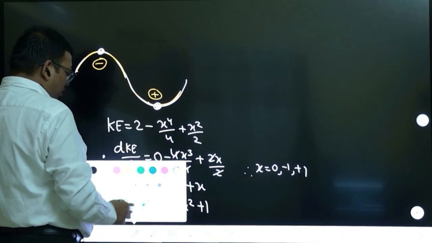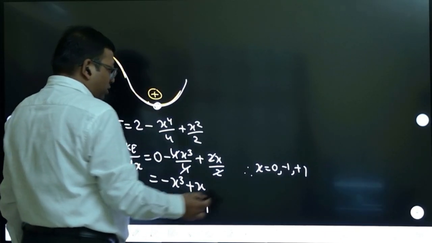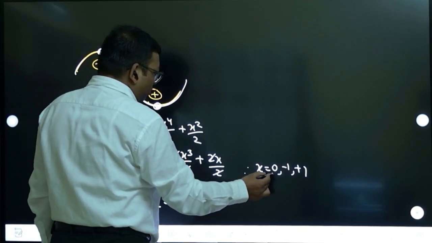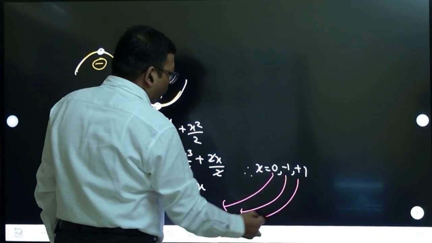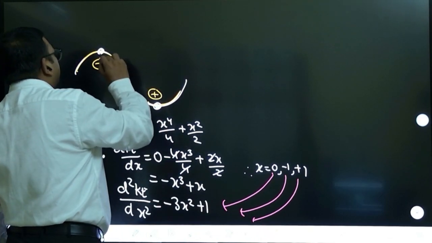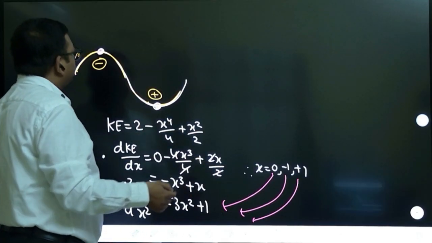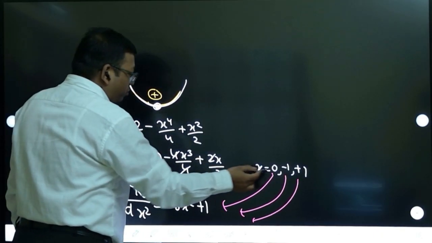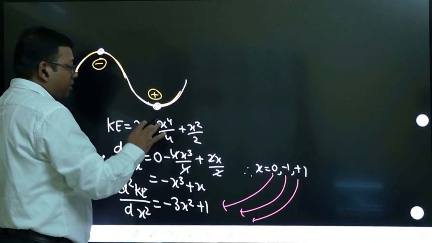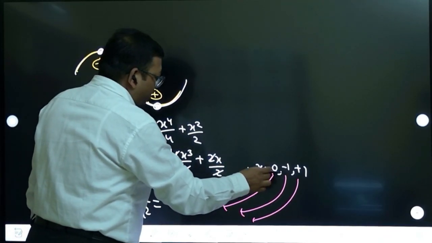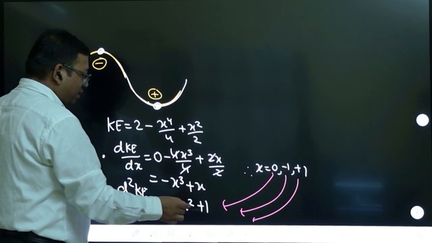Correct? So first what you can do is check by putting these values. If you want maxima, then the value should come negative. Suppose if I put 0, I am getting 1 plus 1, so that is minima condition. I put minus 1 or plus 1, it is coming negative, right?